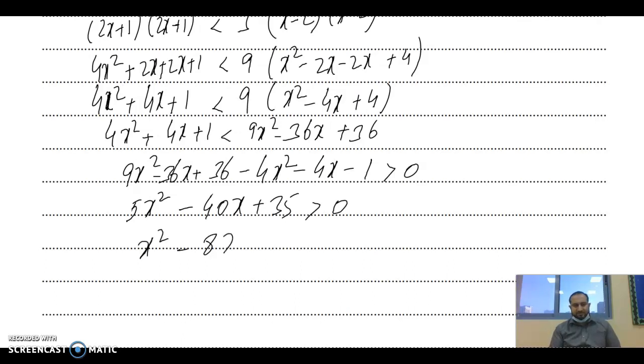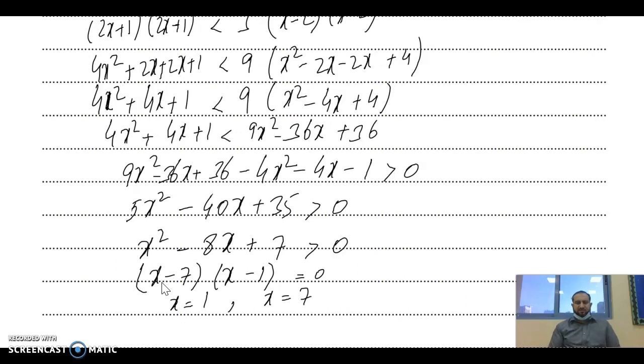So this will be x squared minus 8x plus 7 is greater than 0. We can write the factors of this, so it can be x minus 7 and x minus 1, which means the critical values are 1 and 7.